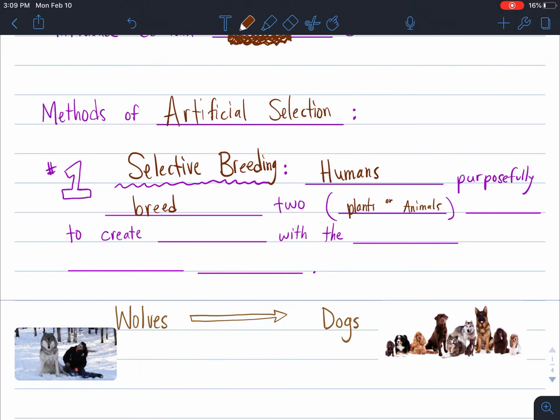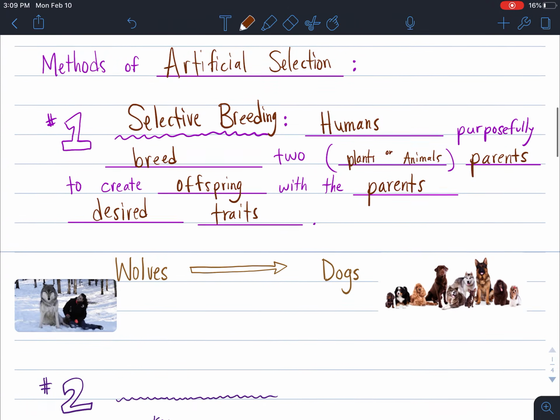Humans purposely breed two parents to create offspring with the parents' desired traits. So to reiterate, selective breeding is when humans purposefully breed two parents to create offspring or babies with the parents' desired traits.